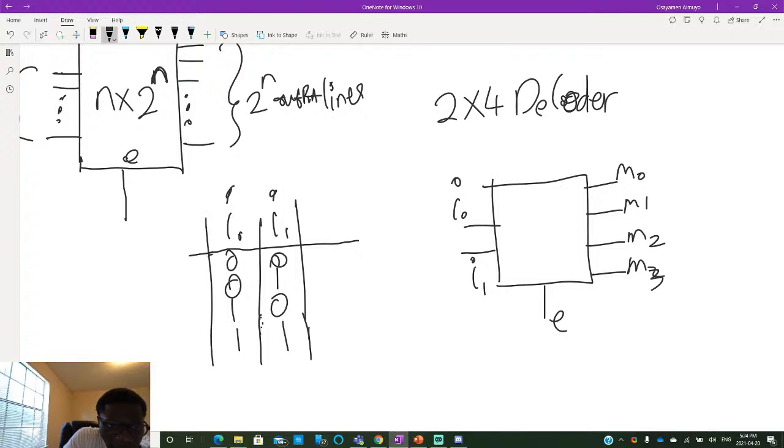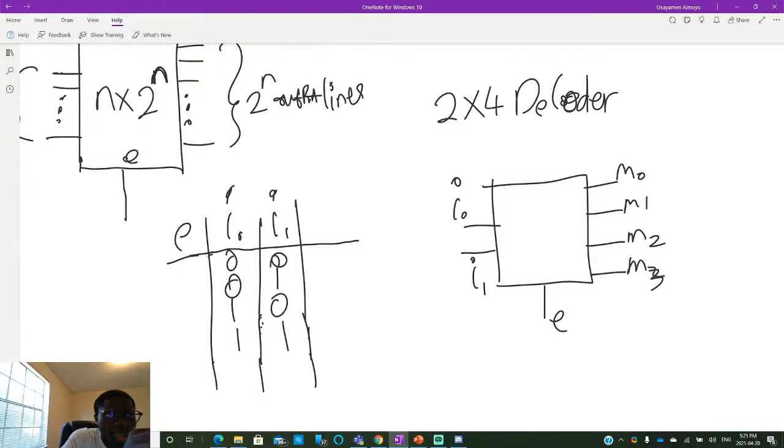Include enable. So the enable would be 0 in these cases. I'm sorry, my bad. I'm going to have to redraw all of that again, or rather rewrite.